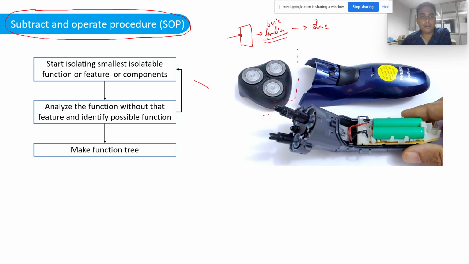What we do here is consider a prior product which already exists, and we then remove a small part of this product, and try to run the product and analyze the importance of that particular functionality or feature. This is generally useful when we use a reverse engineering approach in product development.